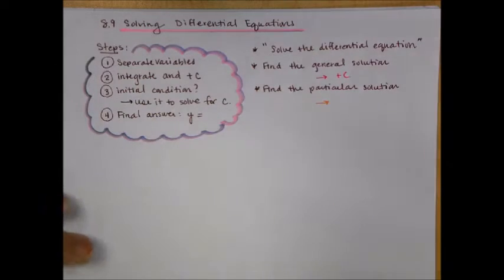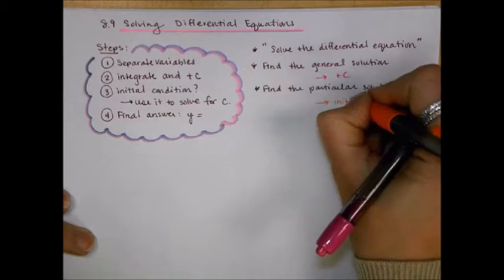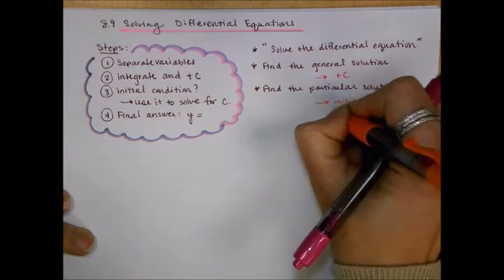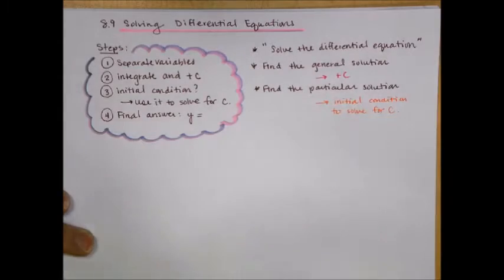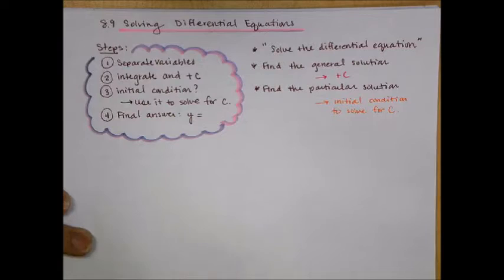If it says find the particular solution, this means you are given an initial condition that you can use to solve for C. So that's the difference there between general solution and a particular solution.